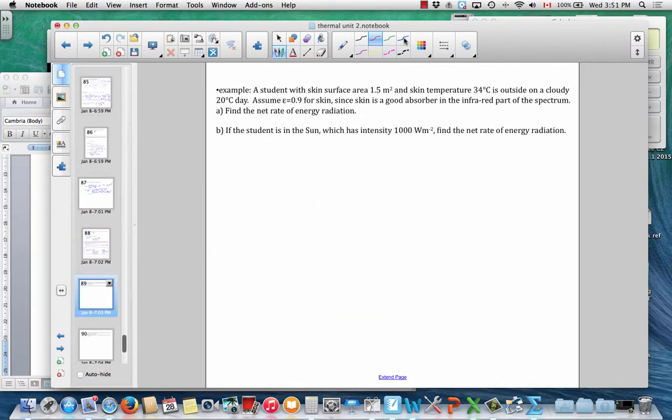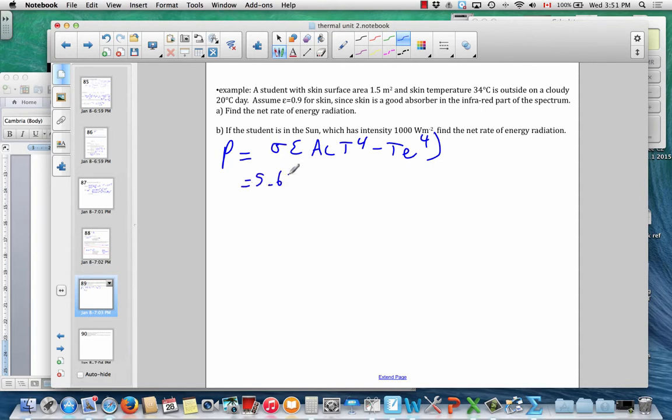Now, let's do some simple examples. Okay, so here we have a student out sunning themselves, and it's on a cool day. So what's happening? Well, they're going to be emitting thermal energy to the surroundings. So we have watts per meter squared Kelvin to the 4th.